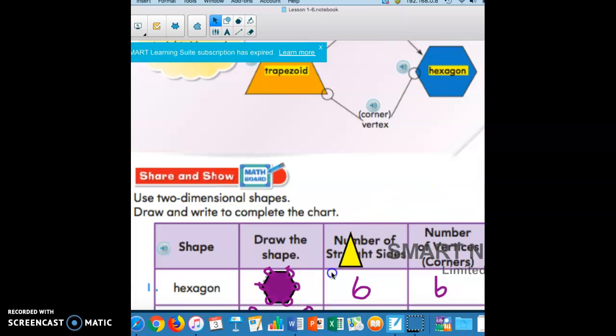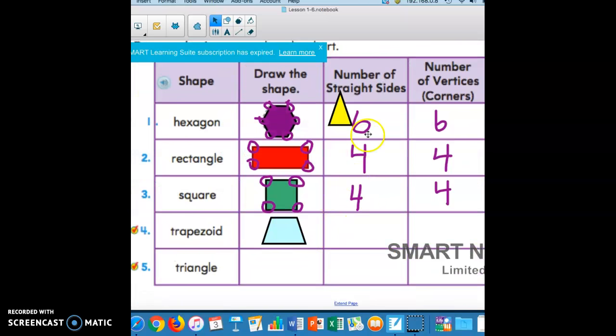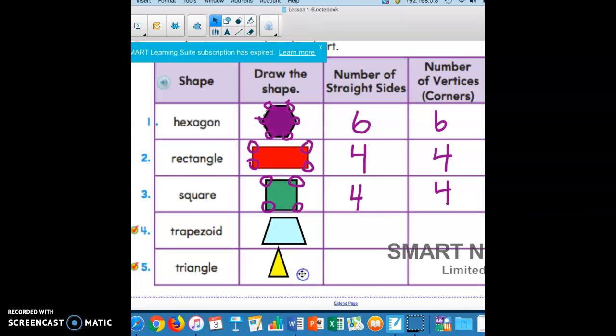Now let's draw a trapezoid. And do the same thing with the trapezoid, and then again with the triangle.